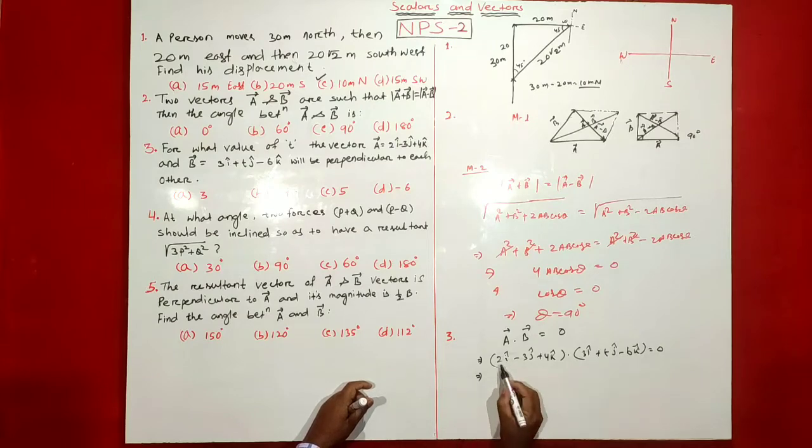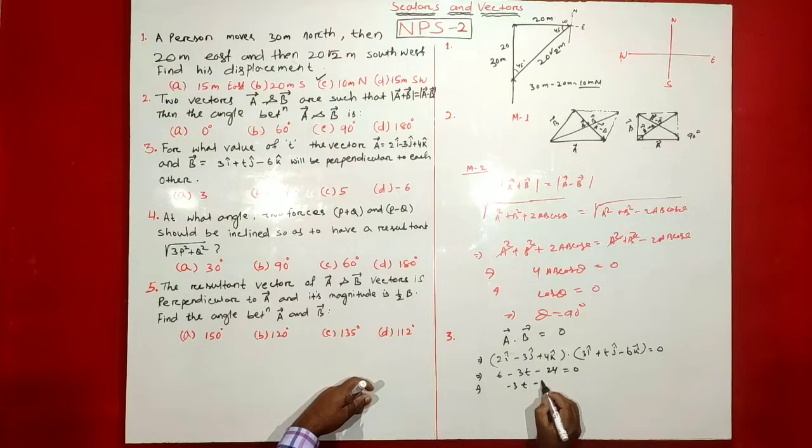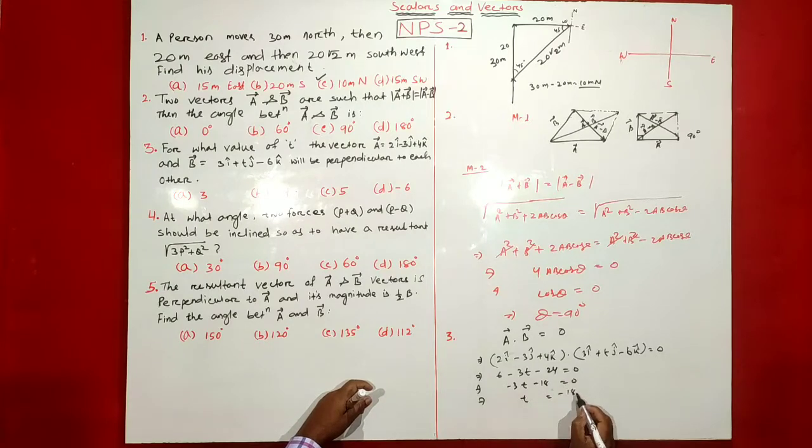That means 2 times 3 is 6, minus 3t minus 24 is equal to 0, so minus 3t minus 18 is equal to 0. That means t is equal to minus 18 by minus 3, that is minus 6.